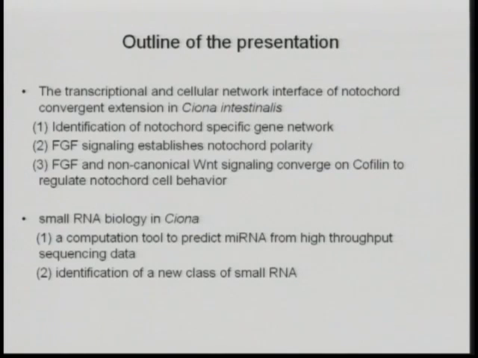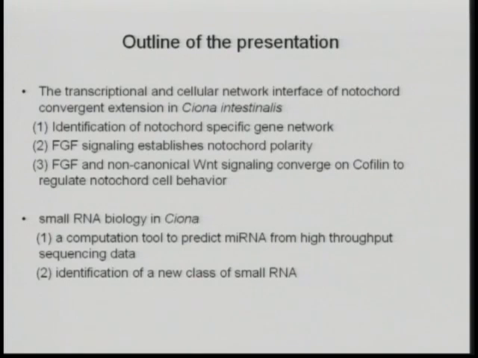In the second part, I will focus on a specific signaling pathway, FGF signaling, and how it establishes cell polarity in the process. And finally, I will discuss how the FGF signaling pathway acts together with a non-canonical Wnt signaling pathway to control convergent extension through an actin dynamics regulator called cofilin.